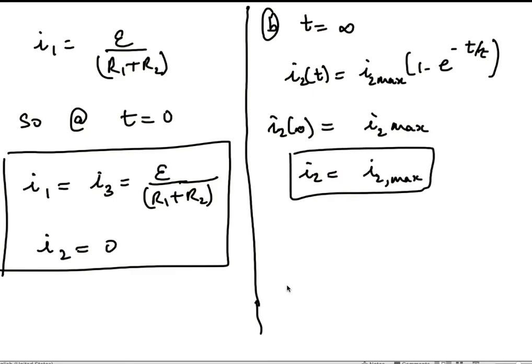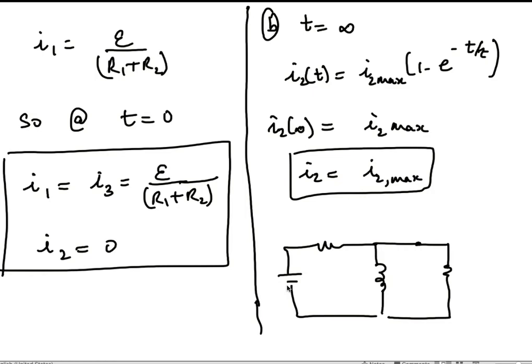Also, since the EMF here is minus L di2 by dt, which is equal to 0 at t equal to infinity, di2 by dt is 0.